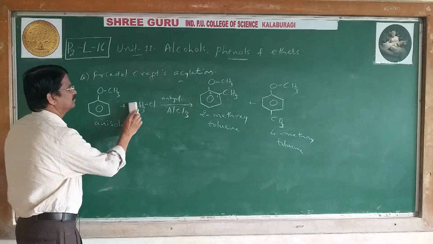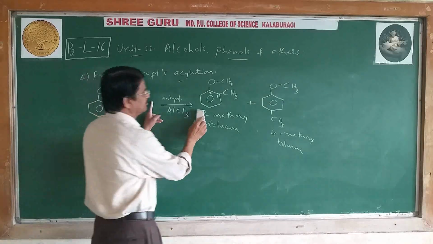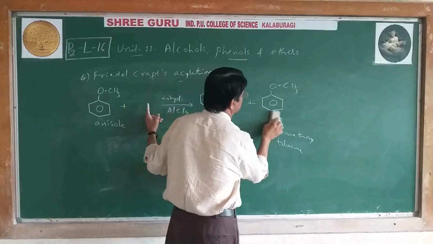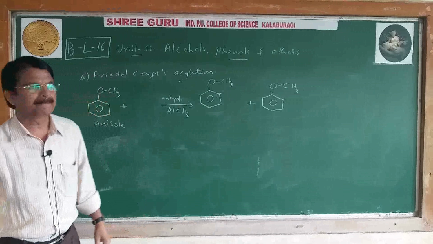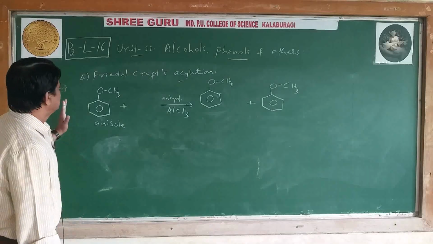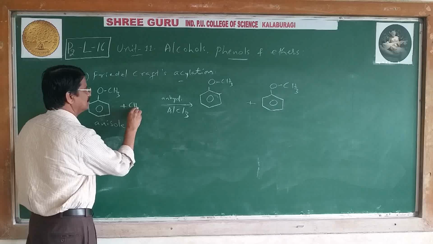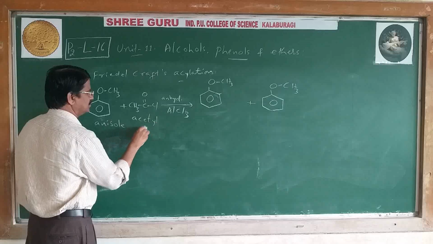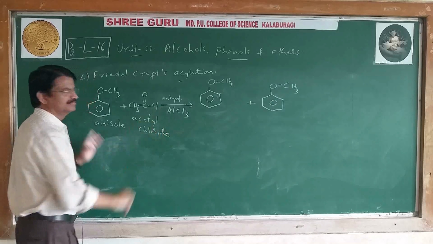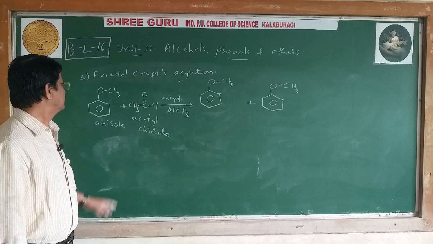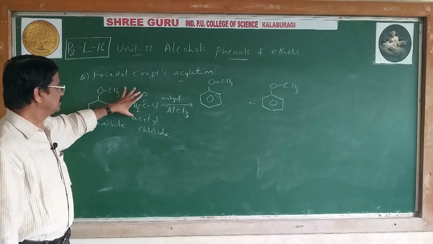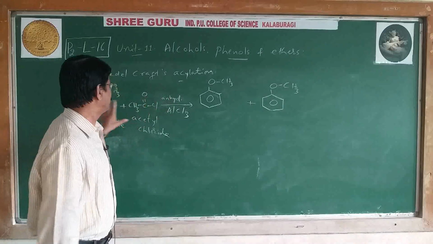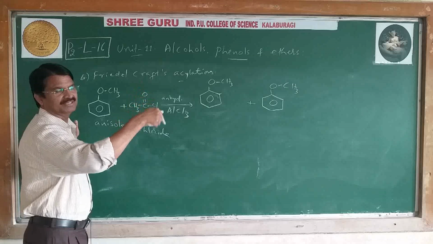Anhydrous AlCl3 is the same in the Friedel-Crafts reaction. Now it is made to react with CH3COCl, acetyl chloride. Anisole reacts with acetyl chloride in the presence of anhydrous aluminum chloride catalyst to form the products.